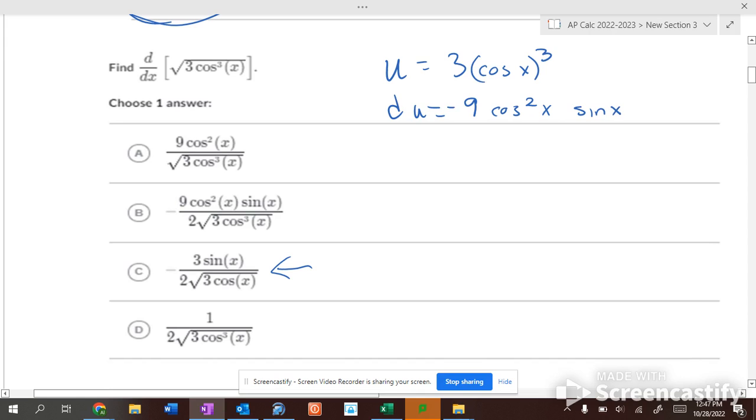Okay? So then we have the square root of u, so that's u to the 1/2 power, which is 1/2 u to the negative 1/2, which is 1 over the square root of u, is the first derivative of that, right?